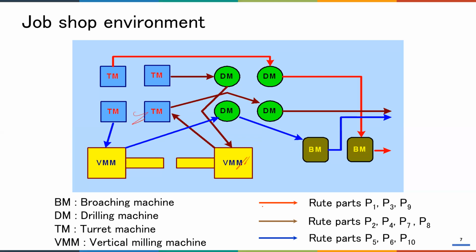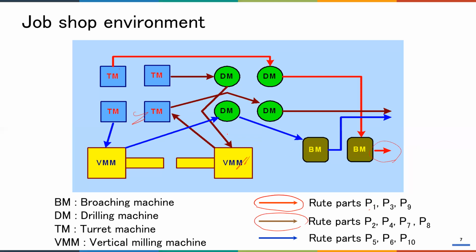So the red one is the route, how to say that? The route for part 1, part 2, and part 9 here, where they move from the turret machine to the drilling machine and then go to the brushing machine before going to, I don't know, maybe quality check or something. And then we have the second route used by the 4 parts.